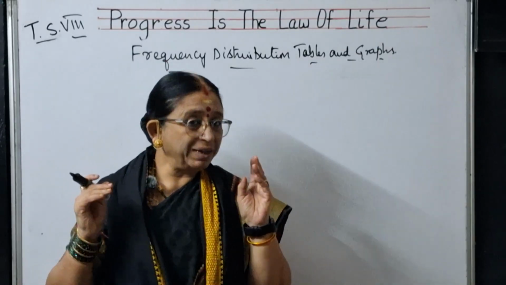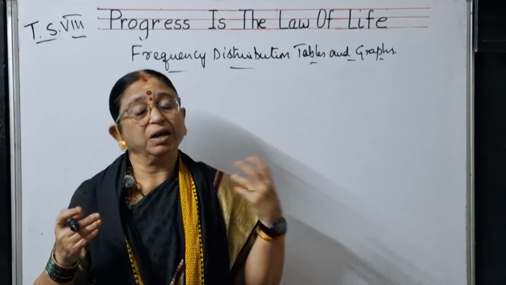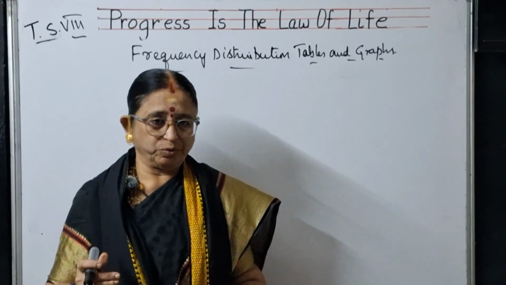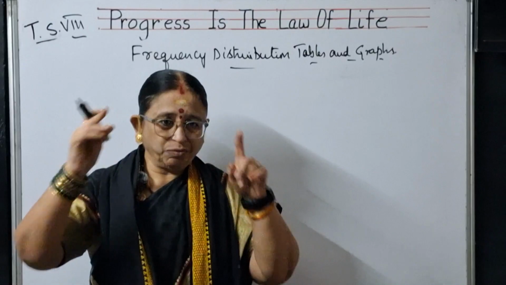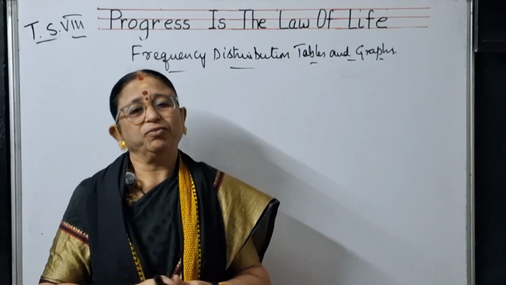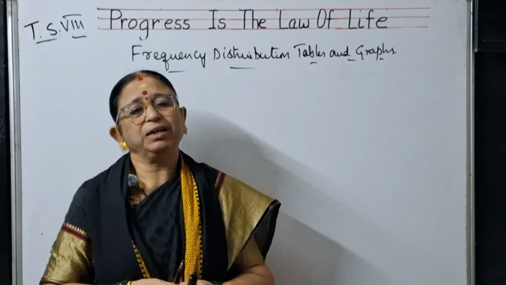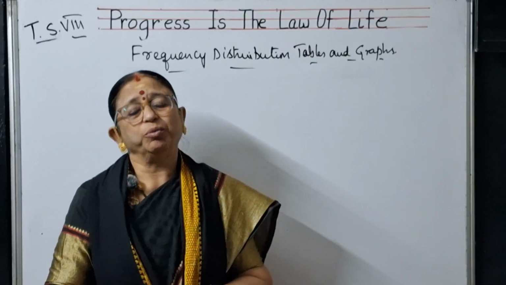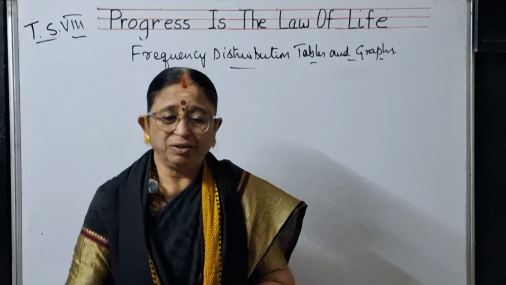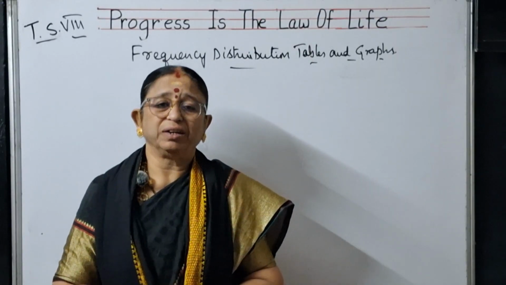If you want to compare this student with other students, you will write their names also in the form of a table. After writing that, you can very clearly identify who has secured more, who has secured less. You can give the ranks accordingly.